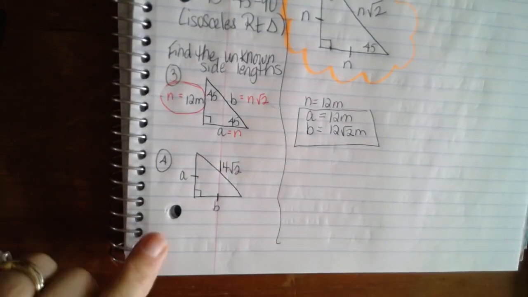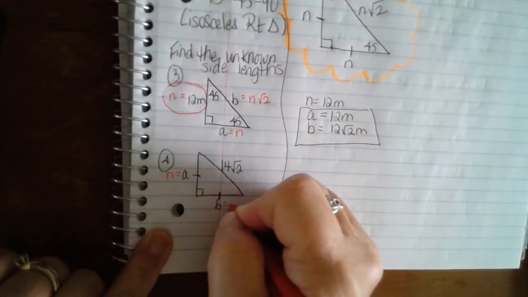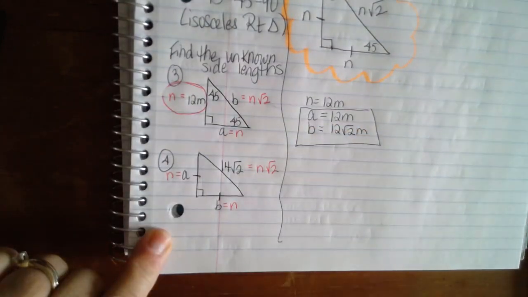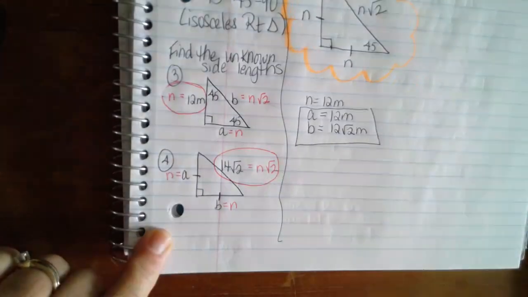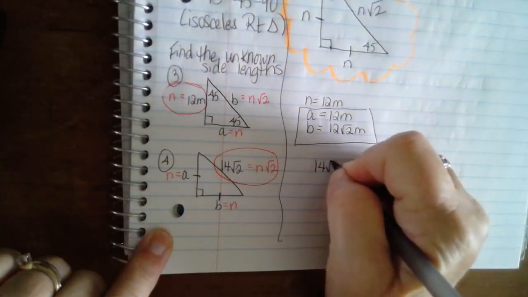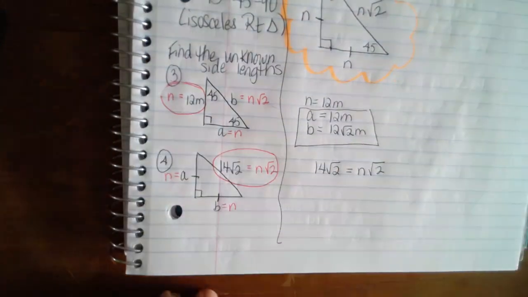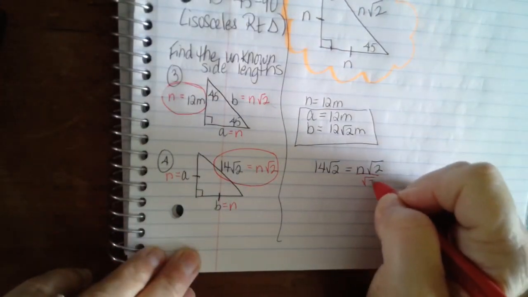So I'm going to label my picture. So this is n, this is n, this is n root 2. So I'm going to circle the one that I was actually given, which is that one. So then I go over here and I know that 14 root 2 equals n root 2. How am I going to find n? I'm going to divide by root 2.